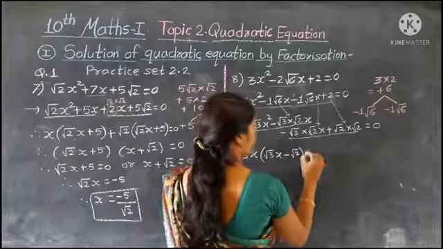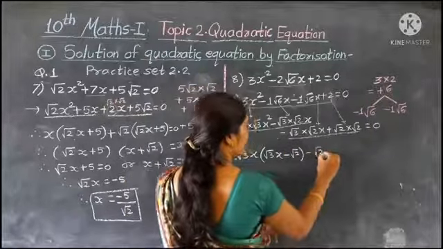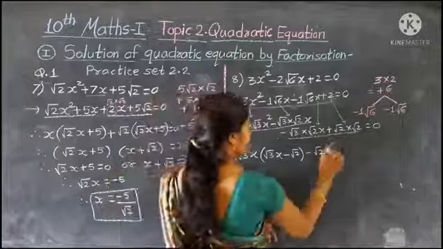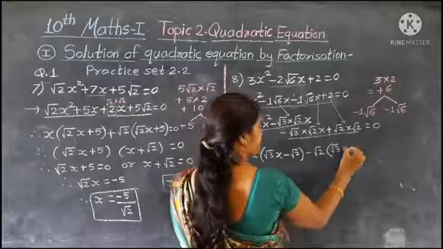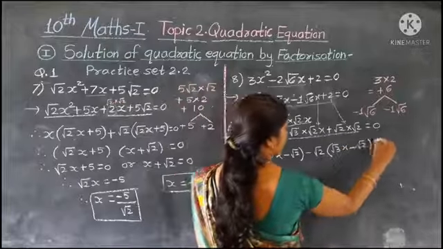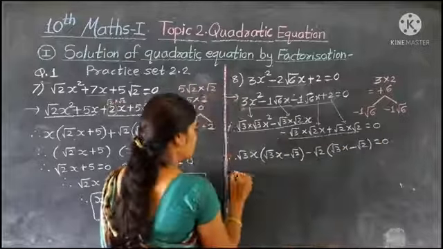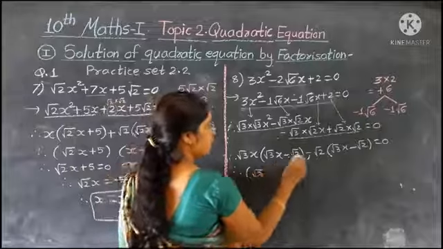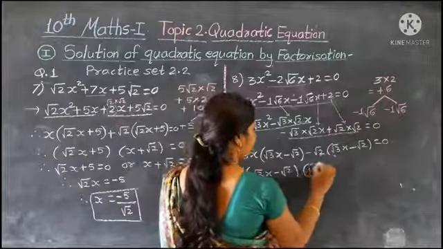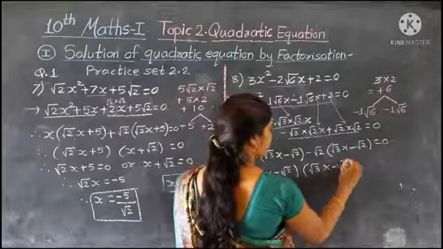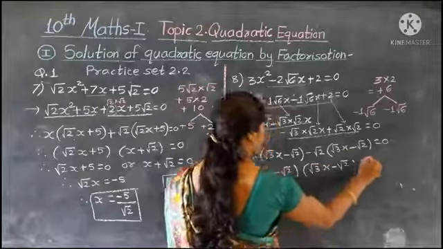And here what is common? Root 2 is common. Minus root 2 you take common. So what remains? Root 3x plus means minus minus. Minus root 2 is equal to 0. So we get common is root 3x minus root 2 and another bracket root 3x minus root 2 is equal to 0.